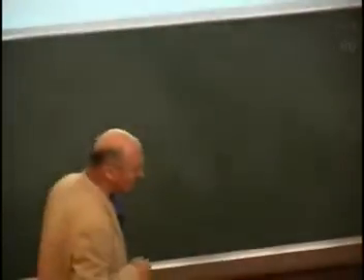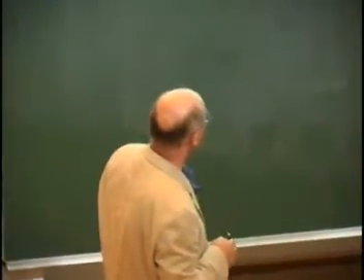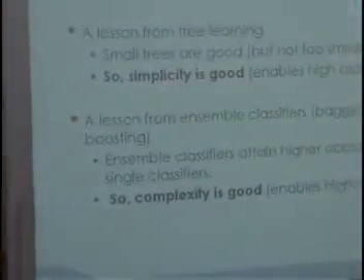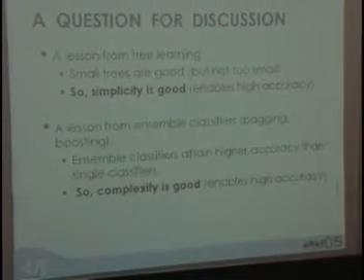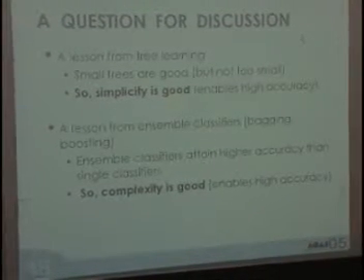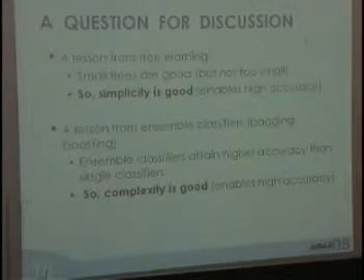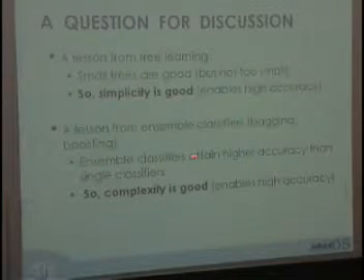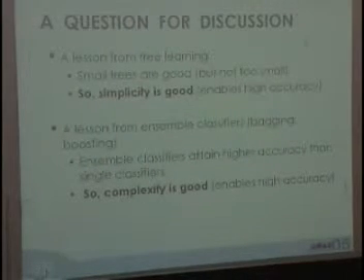On the other hand, you had a lesson from ensemble classifiers, like bagging and boosting and random forests. You had that, when was that? On Friday, maybe? Or Saturday? So was that good? A pretty interesting idea. And then ensemble classifiers attain higher accuracy than single classifiers. I mean, that was the point.